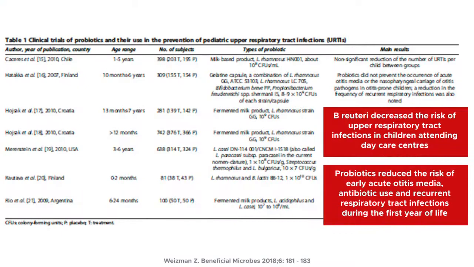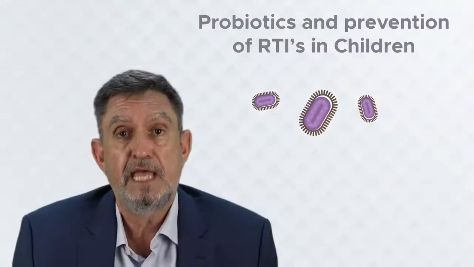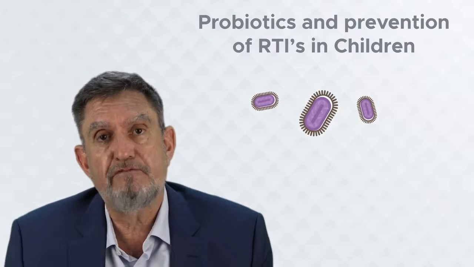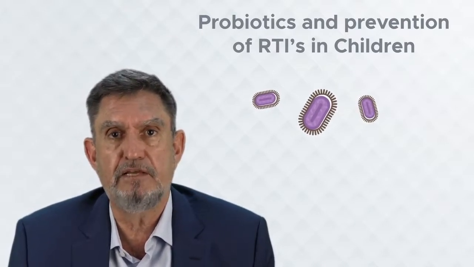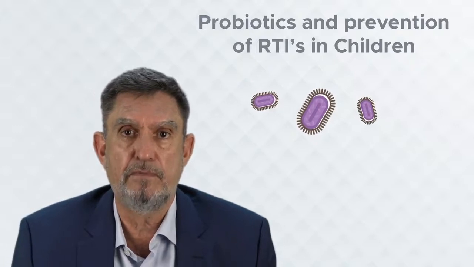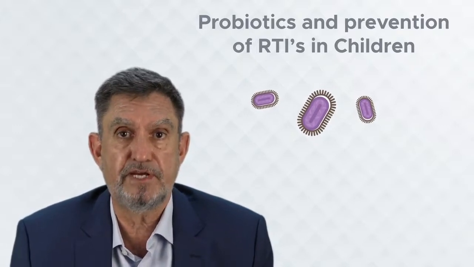There are a number of studies, this meta-analysis, for example, reflecting that probiotic use is able to reduce the number of respiratory tract infections in children, and a double bang for your buck, reducing the number of antibiotics you need as a young child if you have an artificial probiotic at the time of a respiratory tract infection.